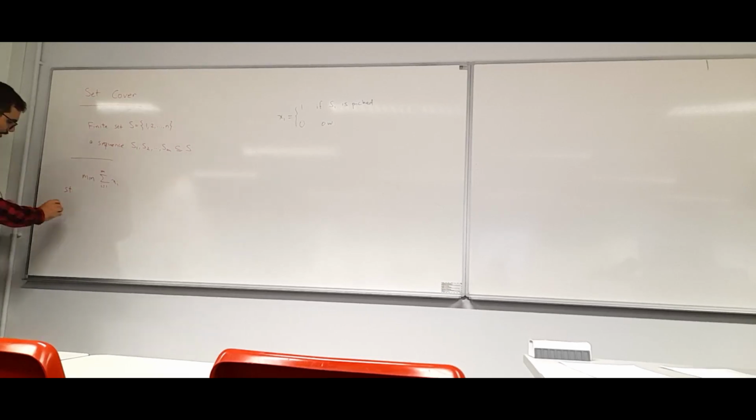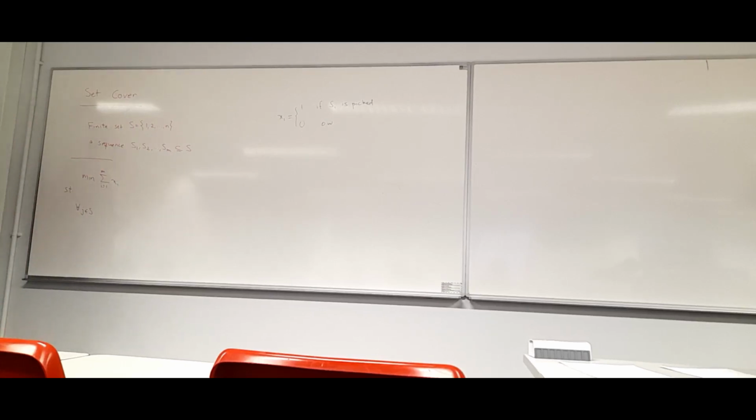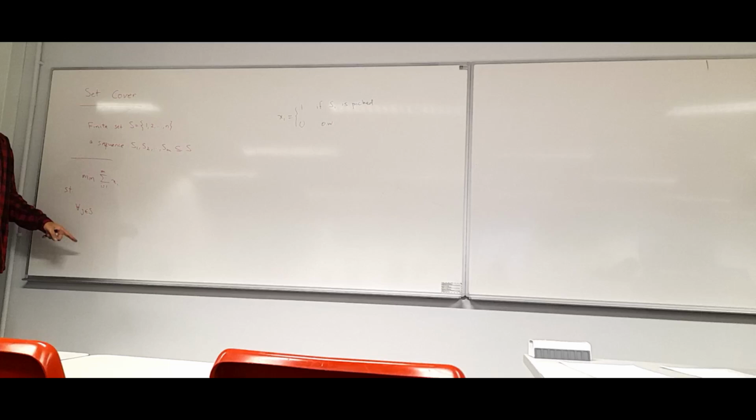So I say for every j that is in S, so for every j that is between 1 to n, I write a constraint. Now, what is the constraint? Well, at least one of the subsets that contain j has to be included in my answer. So if I just take the sum of the xi's corresponding to the subsets si that contain j, then that sum should be at least 1.